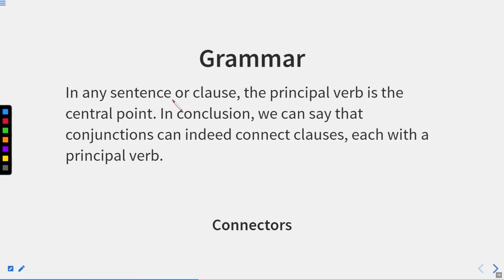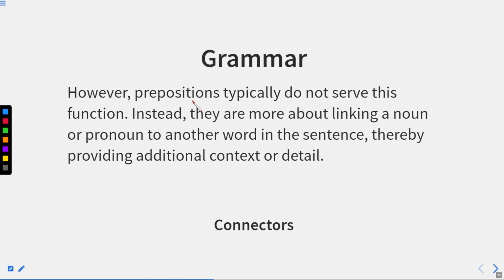In any sentence or clause, the principal verb is the central point. In conclusion, we can say that conjunctions can indeed connect clauses, each with a principal verb. Now, from where this principal verb concept comes, we'll see with a few examples. After that, we are able to decide whether to use a conjunction or to connect the sentences with the help of a preposition.